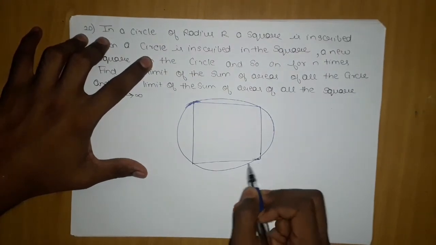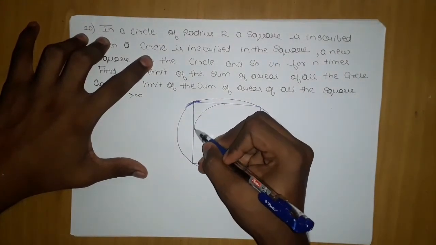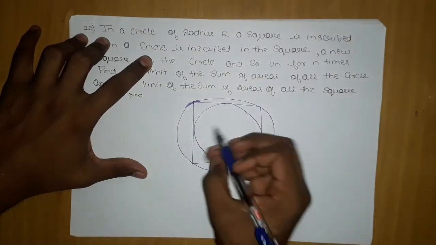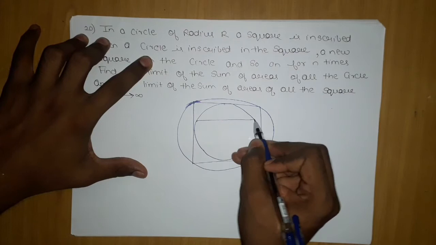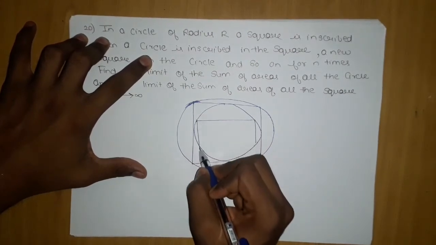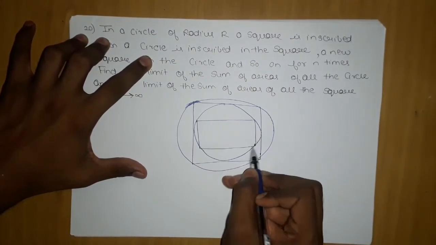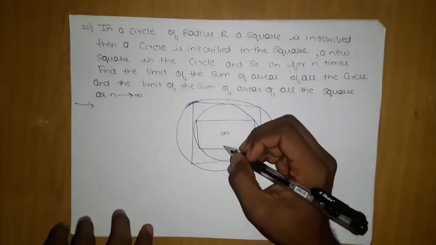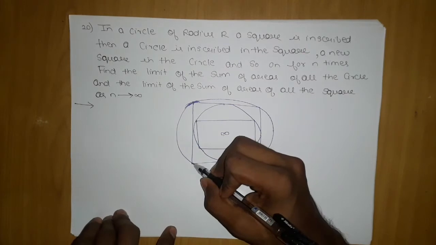Just after this there is one more circle inside it, and then again a square, and this process will keep on going till infinity. I am using a black pen so that I can make you understand things better.